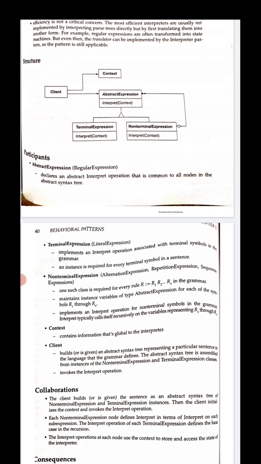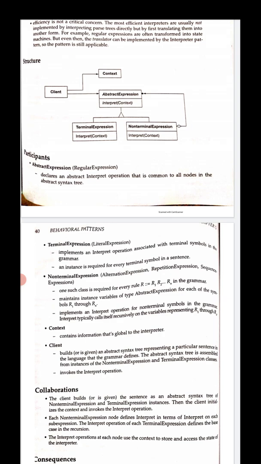And coming to the non-terminal expression, we can say alternation expression, repetition expression and sequence expression. Here one such class is required for every rule, regular expression r1, r2 and so on up to r_n in the grammar.